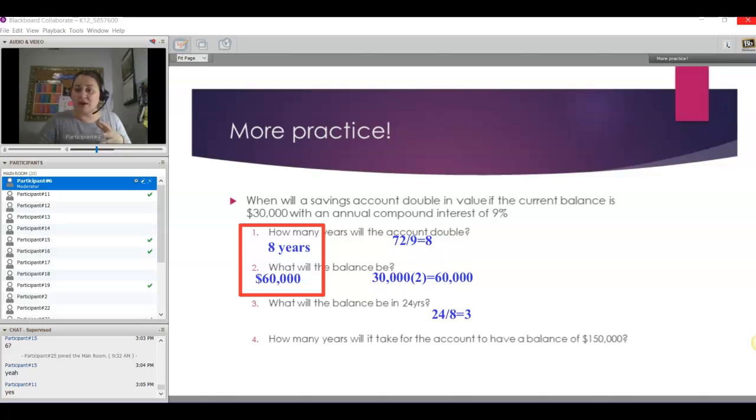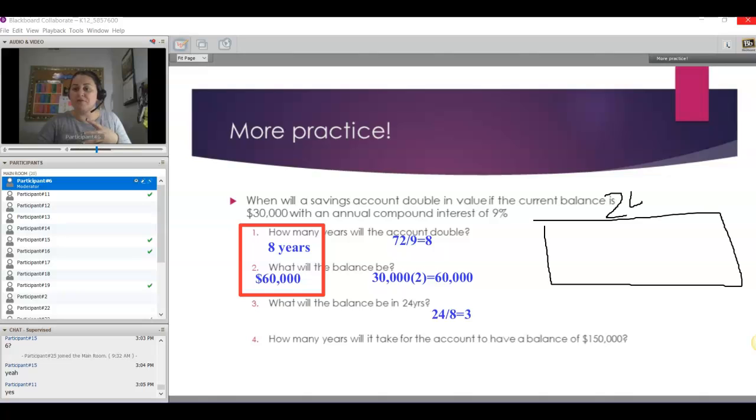So if I drew a chart here and said this whole box equals 24, and I divided it up, 1, 2, 3, and each one of these equals 8, and each one equals 60, then I'm going to go ahead and do 60 times 3 equals what? $180,000.